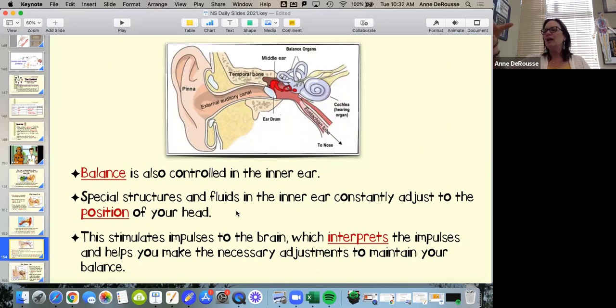Do you know how if you have a glass with water and you tilt it, the water situates so it's flat again? So what happens is your brain signals or interprets the impulses based on where this fluid is located, and it helps your body maintain balance.